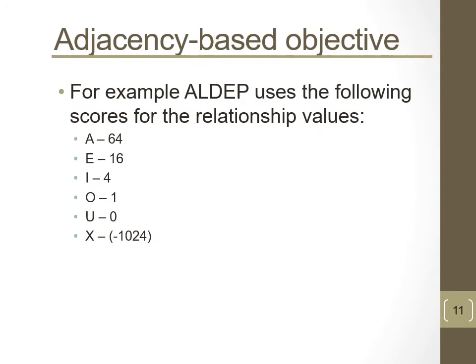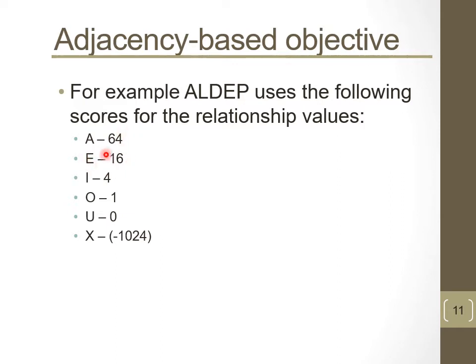So as I said, if you have a relationship chart, you need to convert these to numerical values. And in order to convert these, you need to assign values to each relationship value. ALDEP is a layout algorithm that we will talk about its steps later on. ALDEP uses a scoring like this. For an A relationship, it assigns a value of 64.